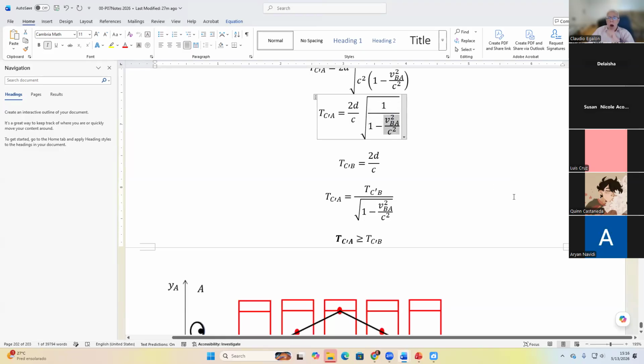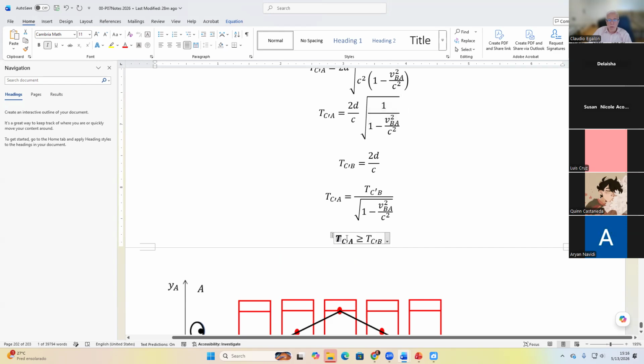This ratio is always less than 1. It's going to be positive as well: greater than 0, less than 1. Consequently, this term that you see right here is going to be less than 1 as well. 1 divided by a number that is less than 1 is going to be a number that's greater than 1. Because this number here is going to be greater than 1, TC prime A will always be greater or equal than TC prime B.